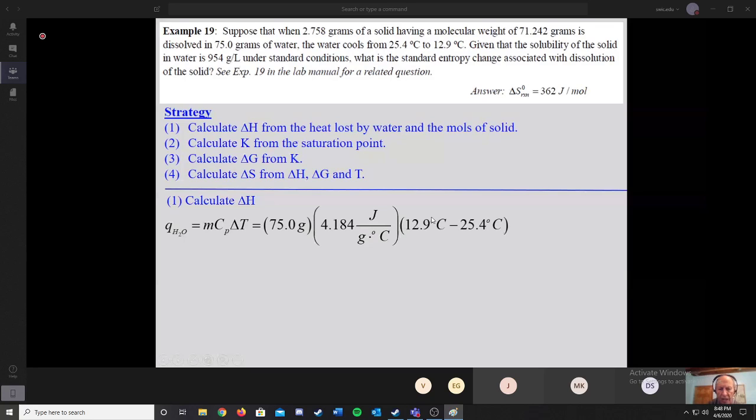So it's 12.9, a final temp minus the initial temp, which is 25.4. So we end up with a negative number here. It's minus 3,920 joules. The negative sign means that heat was emitted by the water.